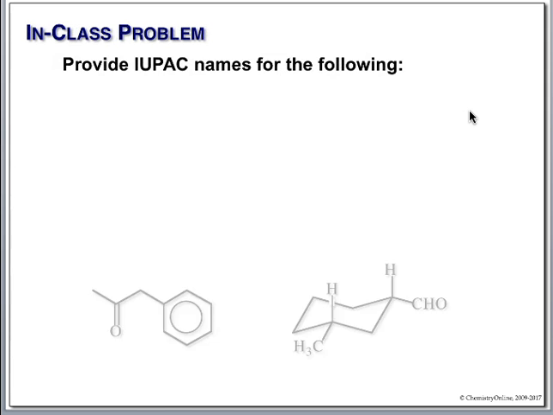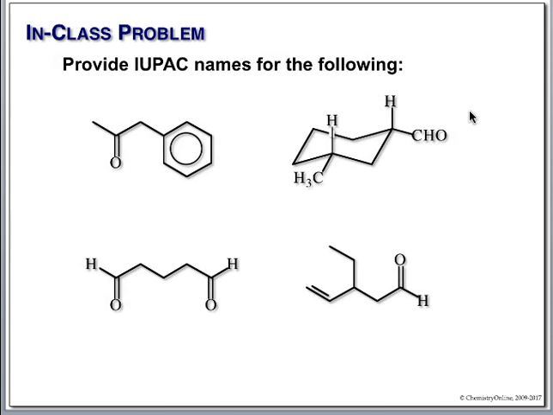Let's look at some simple examples. Go ahead and jot down some names for these guys. Remember, we want the parent chain to contain the carbonyl.